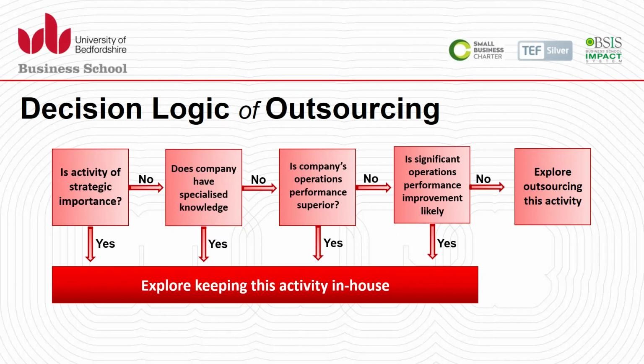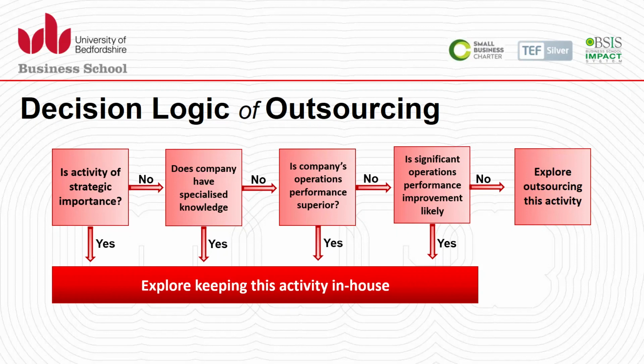All of these important factors need to be considered, but we have to see what the reasons are for making a decision, and that is the logic, not just for supply chain logistics, but the main important logic to decide on outsourcing. Is the activity of strategic importance for the organization?